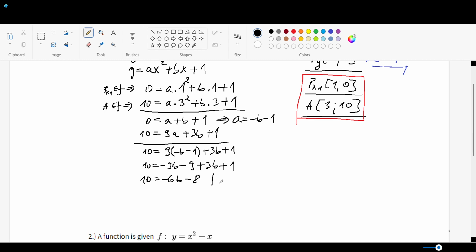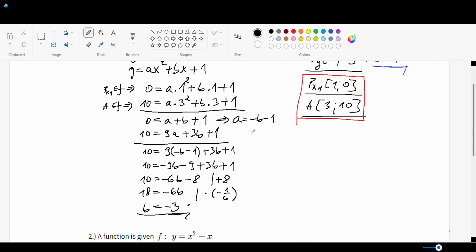So simple operation, plus 8 means 18 is equal to negative 6b, so multiplication by negative 1 over 6, which means b is equal to negative 3.